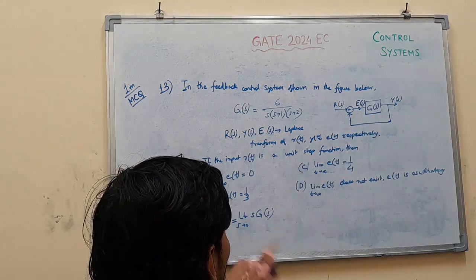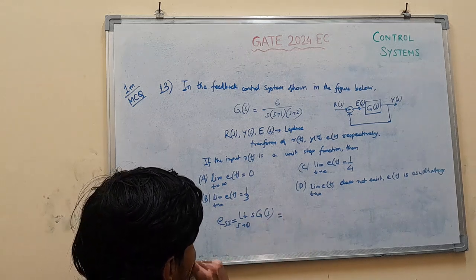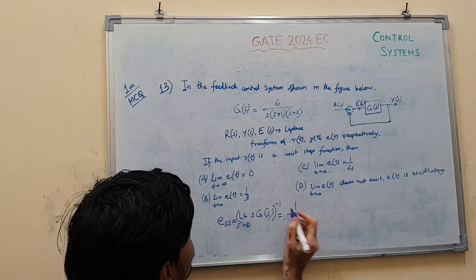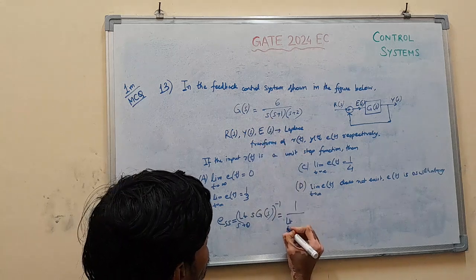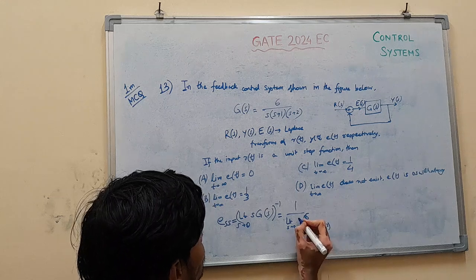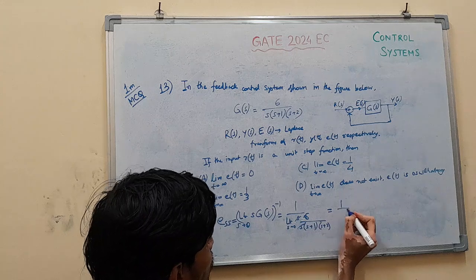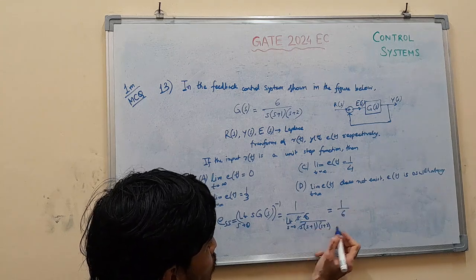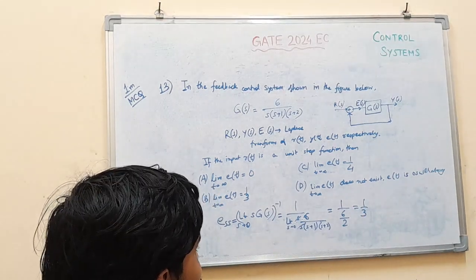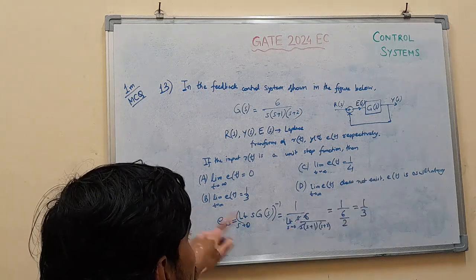If we directly apply this, we get 1 by limit S tends to 0 of 6 by S into S plus 1, S plus 2 into S, S and S cancel, so you get 1 by 6 by 1 into 2, that is 3. So after solving this, pretty simply you will get the steady state error in one step. We will get it as 1 by 3, which exactly matches option B.